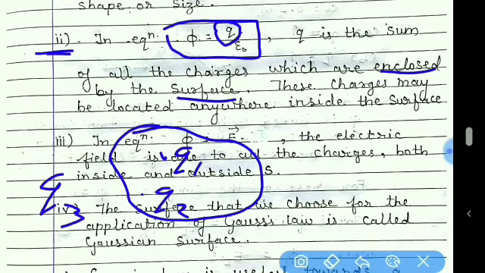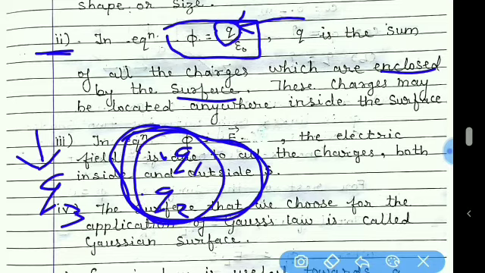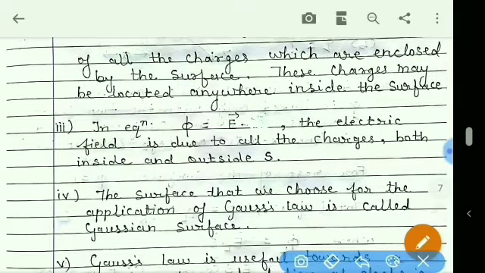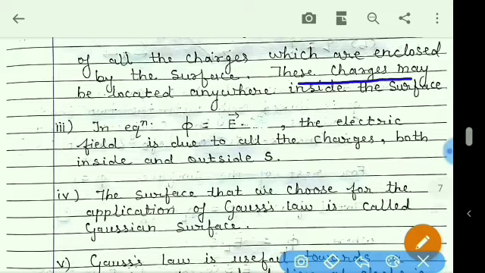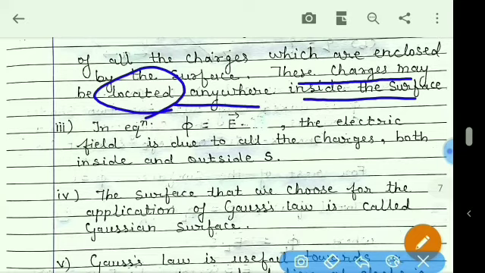So in this formula, this charge is the total charge which is only enclosed by the surface and not which is outside. So this q is nothing but q1 plus q2 in this case. Also, the charges which are enclosed can be anywhere. The location is not important. It must be inside the surface.